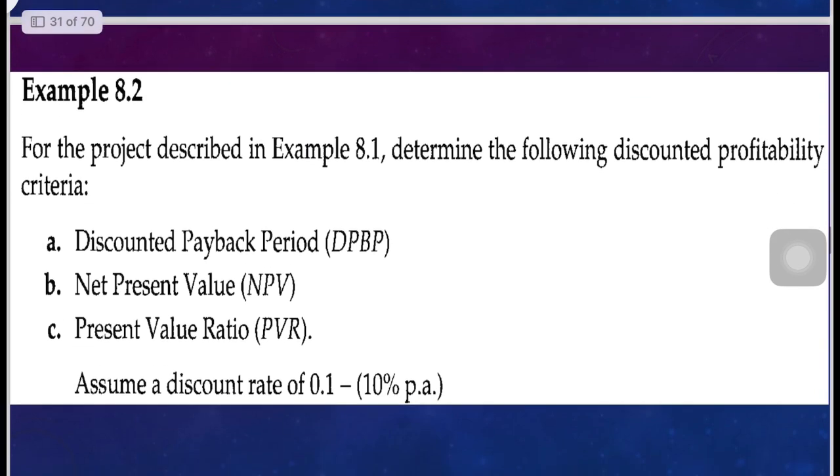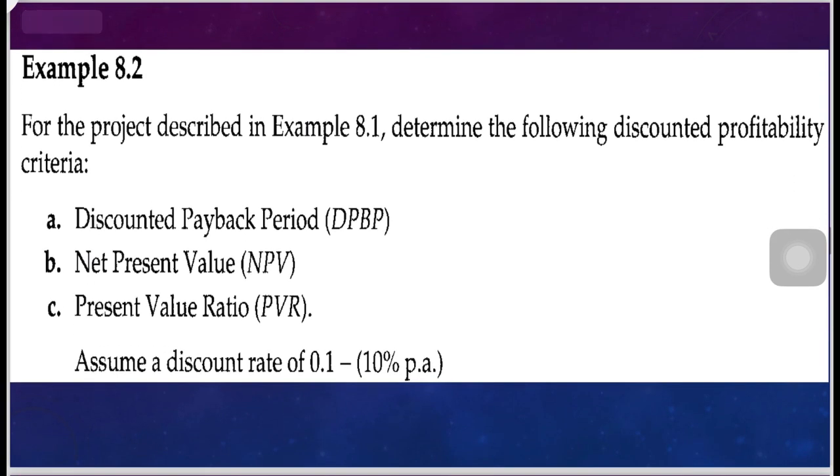So for example, we still use the previous example, but we get the discounted payback period, the net present value, and the present value ratio. So assume a discount rate of 0.1 or 10% per annum.